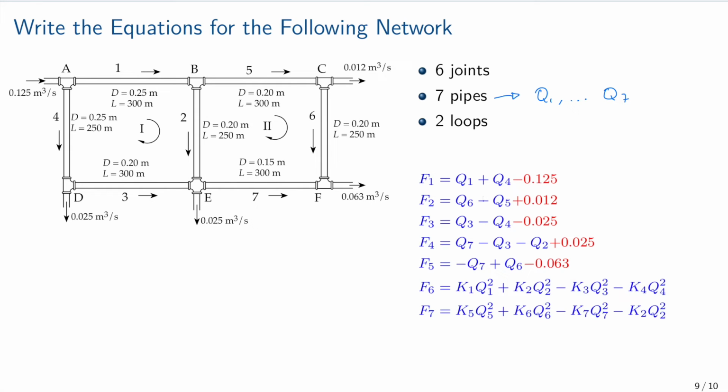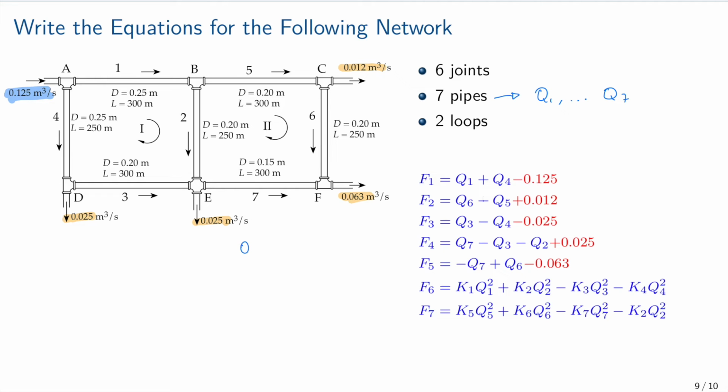Now, the first thing that we need to do is verify that the conservation of mass is achieved. So the inlet is 0.125 cubic meters per second, and the outlets are 0.012, 0.063, 0.025, and 0.025. So they should add to 0.125. So let's see.